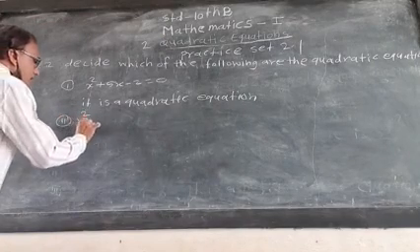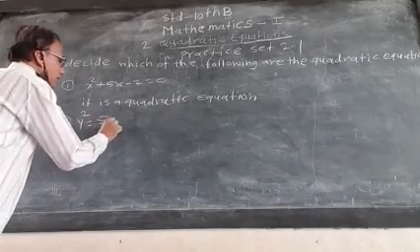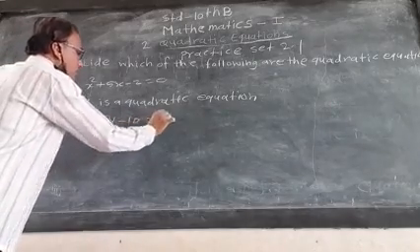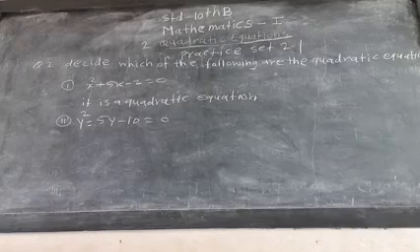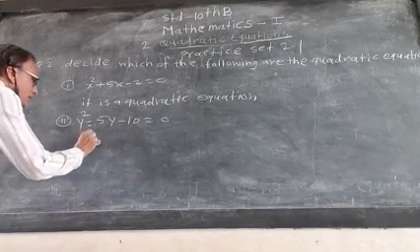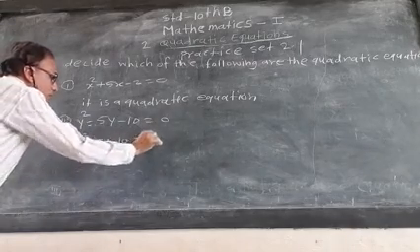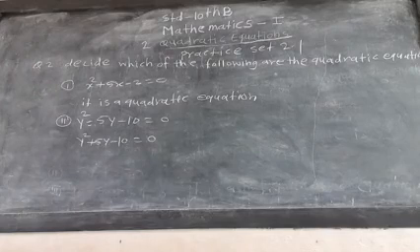Next, second: y square plus 5y minus 10 equal to 0. First we write this equation in general form: y square plus 5y minus 10 equal to 0. Observe this equation.